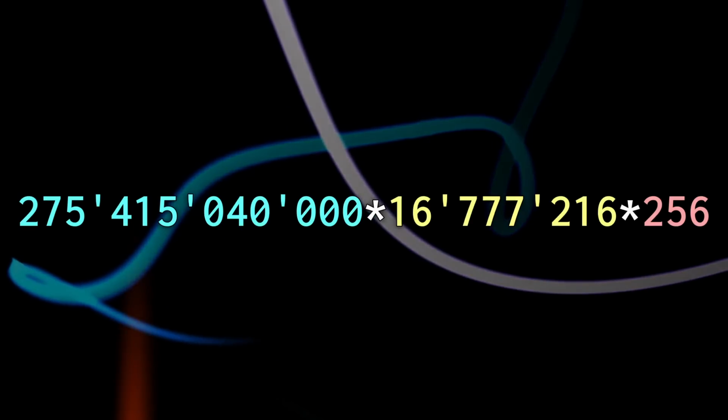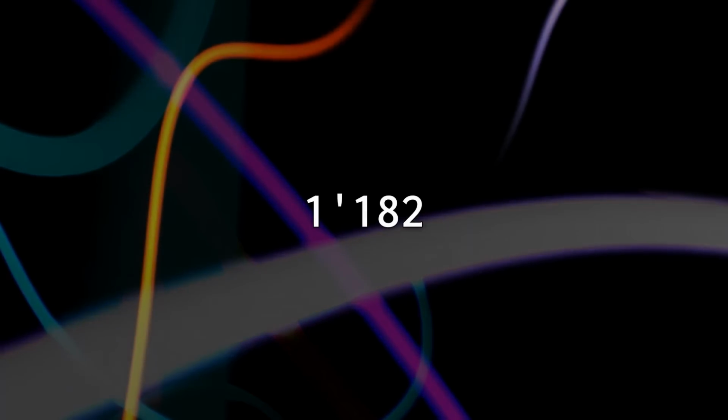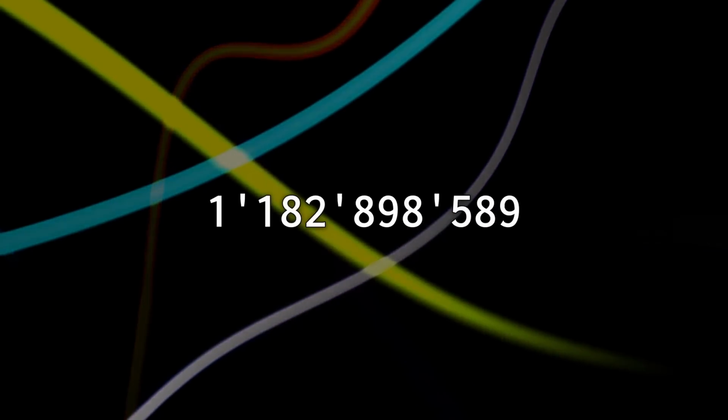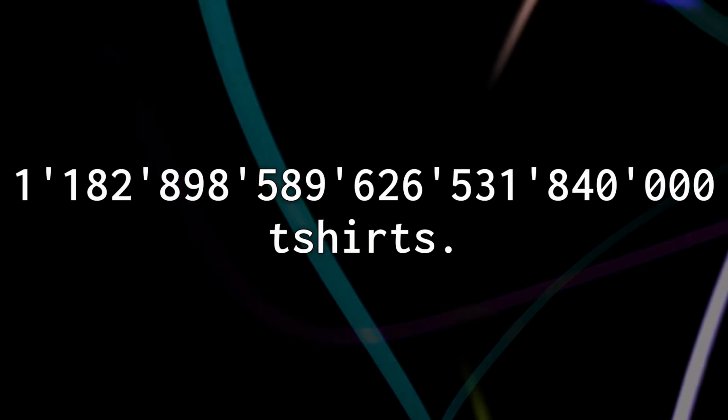Now you multiply this by 16,777,216, then 256 for transparency, which gives a total of 1,6182,898,589,629,626,531,531,840,000 t-shirts alone.